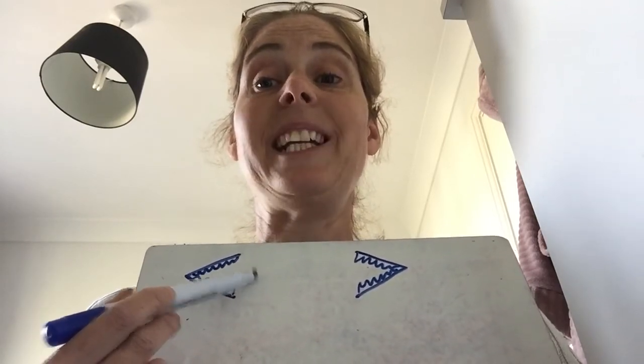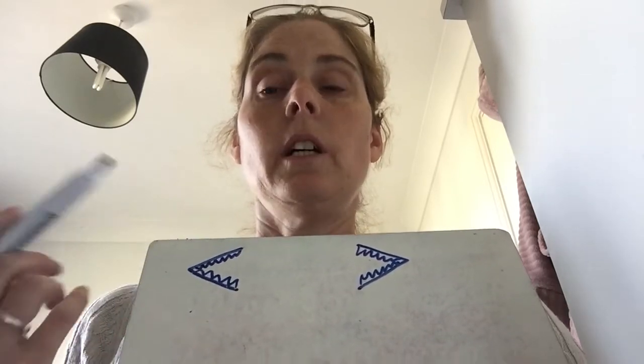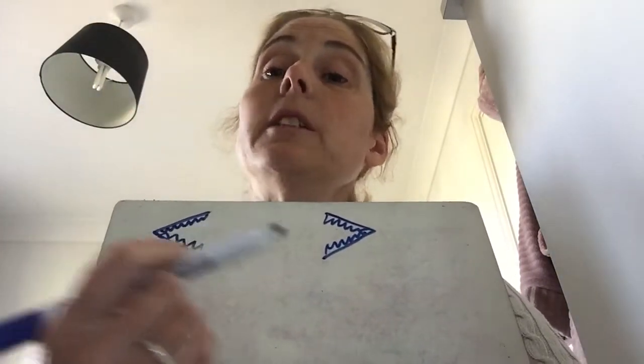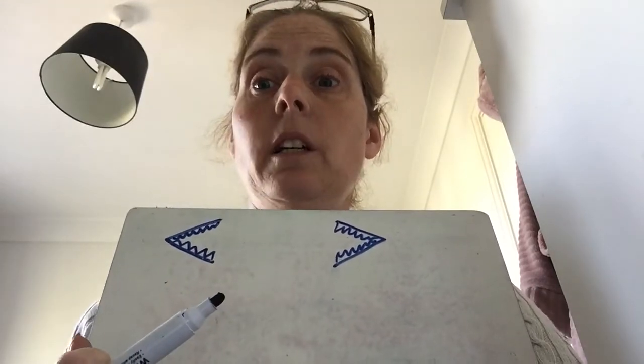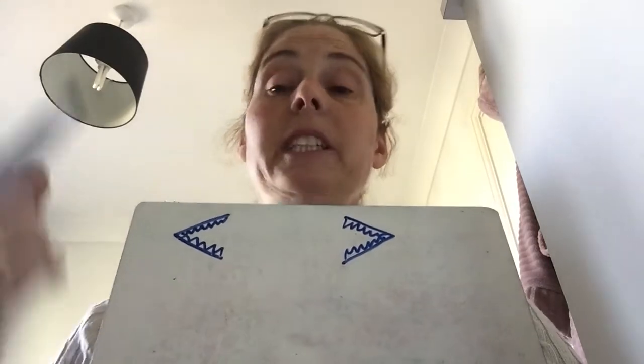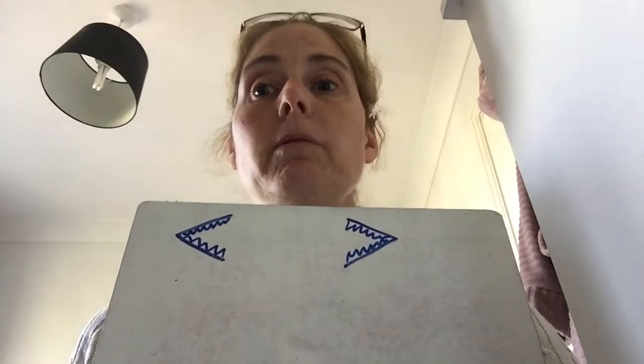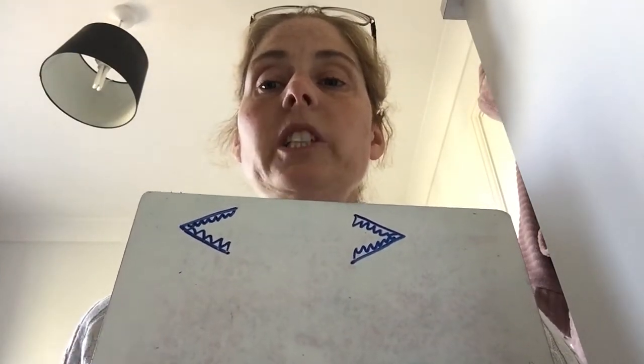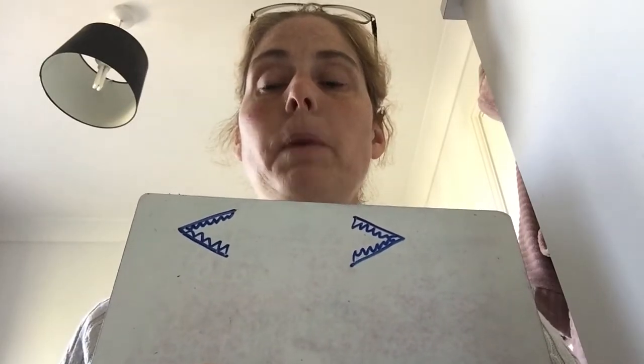Okay, so the bigger number always comes where his mouth is open. Okay, he likes to eat that bigger number. All right, so what we're going to do today is we're going to look at showing which number is the biggest and which is the smallest. Okay, we've done lots of ordering, we've done lots of looking at how many tens, how many ones, so we should be really good at seeing which is the biggest and which is the smallest number.